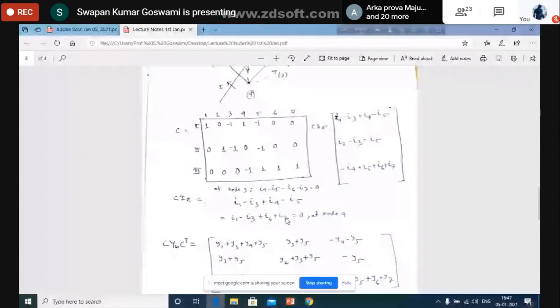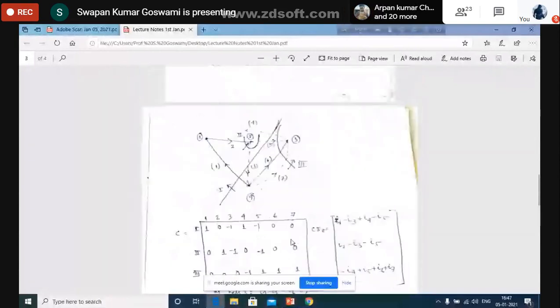Now consider common admittances between cursor 1 and cursor 2. Again, y5 is a common admittance and y3 is a common admittance. What is happening to y3? y3 is against the direction of cursor 2 because it is inward, it is outward, and y3 is again against the direction of cursor 1.